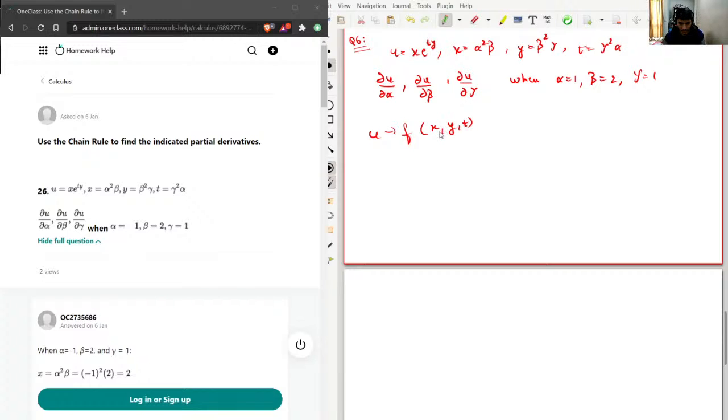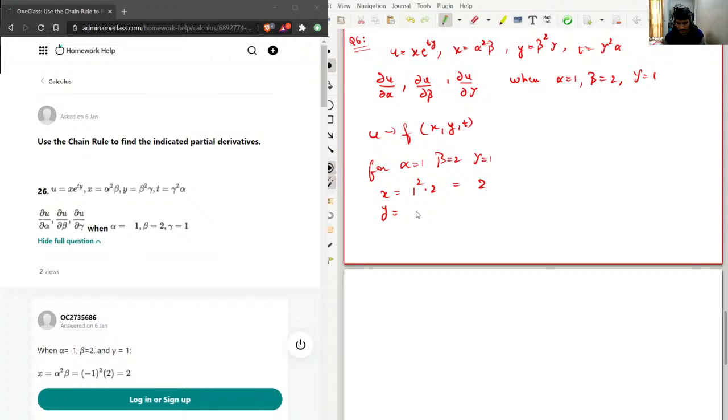Now first we'll calculate x, y and t for these given values of alpha, beta and gamma. So for alpha equal to 1, beta equal to 2 and gamma equal to 1, we'll calculate x. So x is alpha square beta, 1 square into 2, 2.